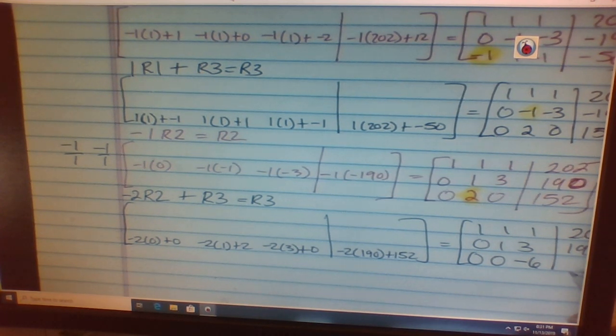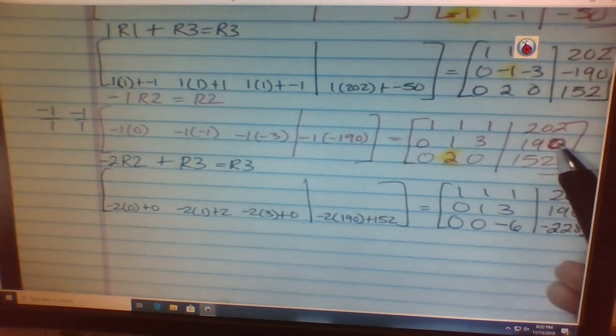What is -2 times 190 plus 152? Is it -228? Okay. No, negative. You sure? Is it -28? Why did you do 2 times 190? Where did that come from? Because it's times row 2.